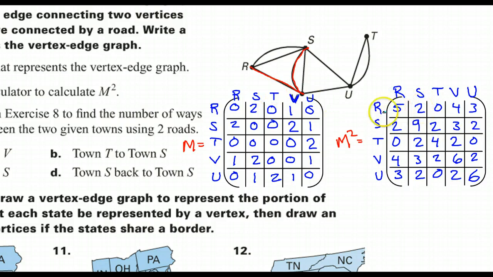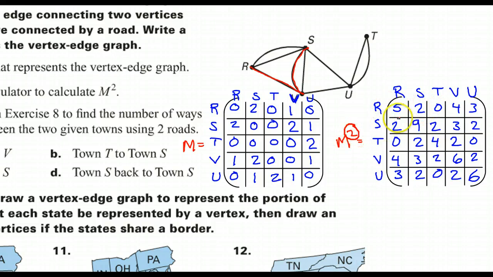Now, according to this chart, if I want my two-path chart, because I squared it, if I want to go from R to S using two paths, there's only two ways to do it. So the two ways I just showed you, R to V to S this way, or R to V to S this way. Those are the two ways. If I cubed it, it would mean the number of ways I could get from R to S using three paths.